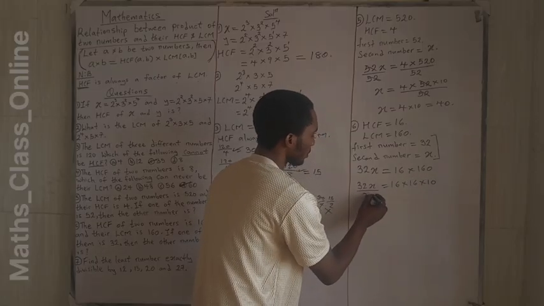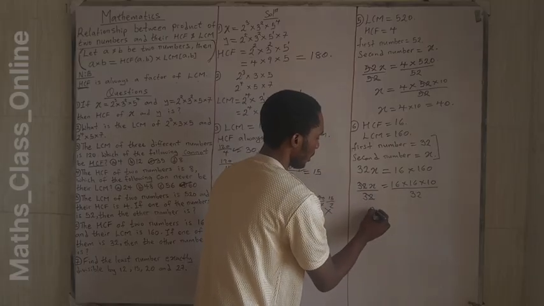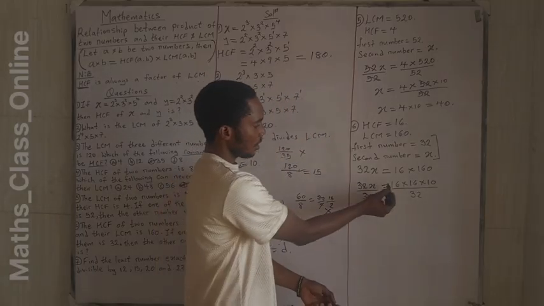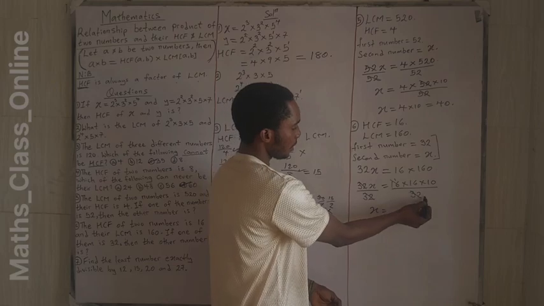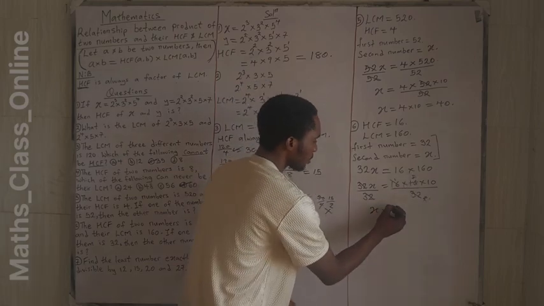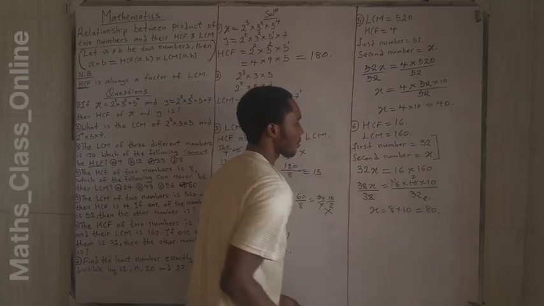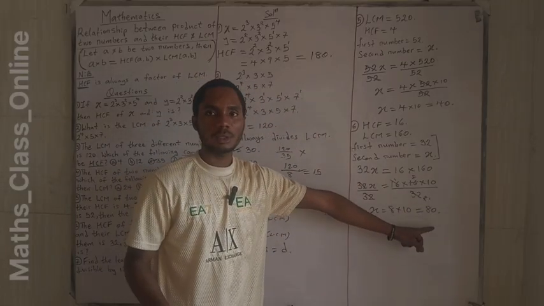Divide both sides by 32. X is equal to 16 over 32 times 16 times 10, which gives 8 multiplied by 10, and that is 80. The second number will be 80.